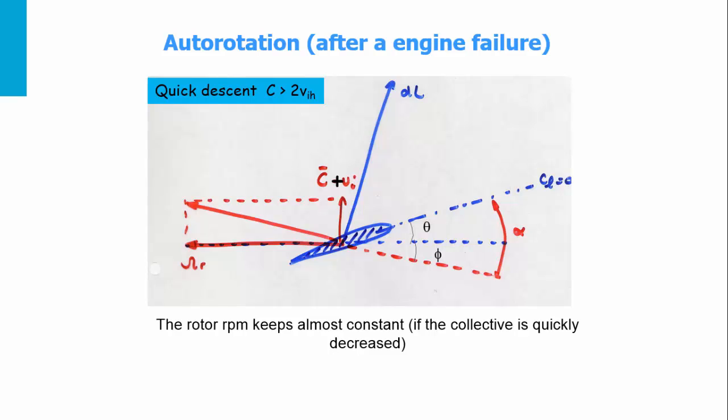It can be demonstrated that in vertical autorotation, the rate of descent has to be higher than twice the induced velocity at the level of the rotor in order to be able to generate lift.